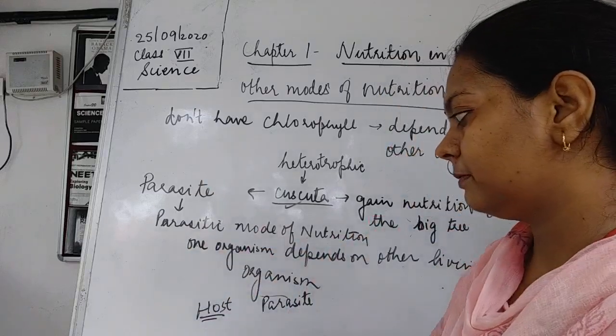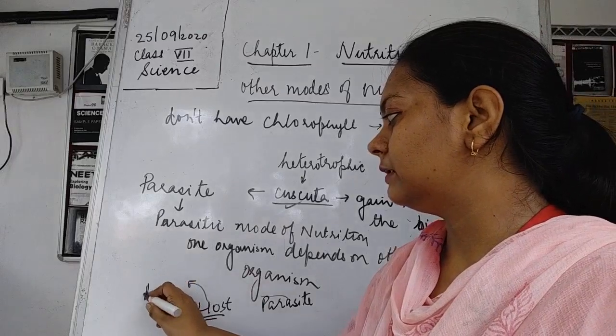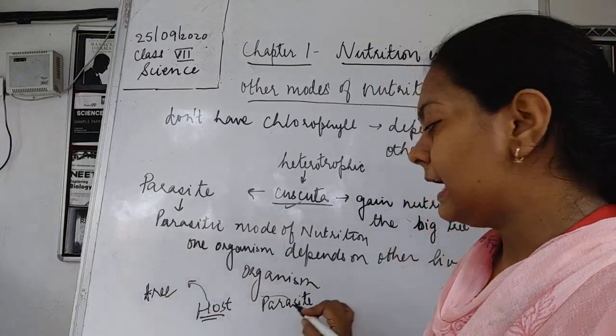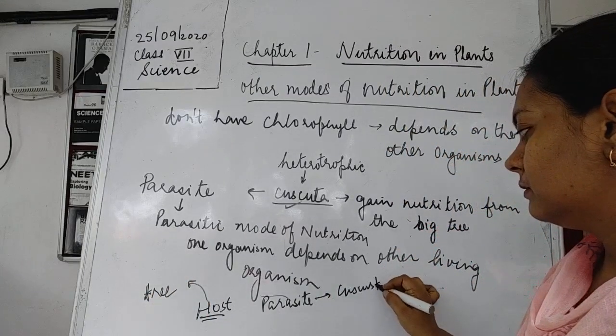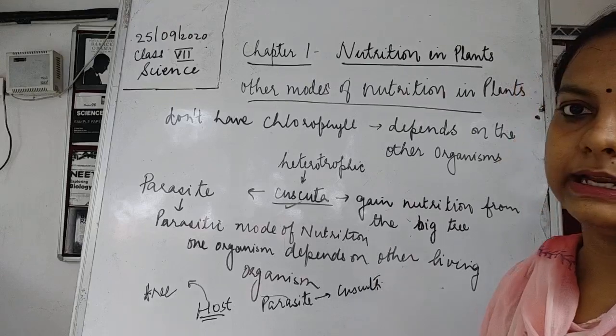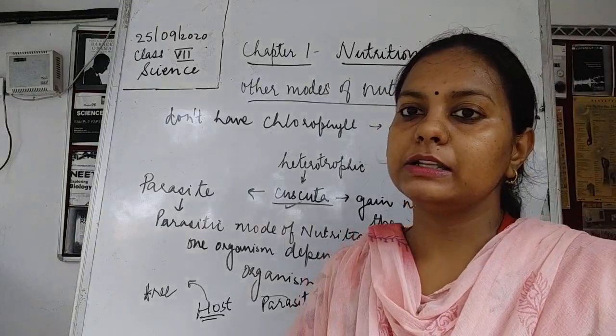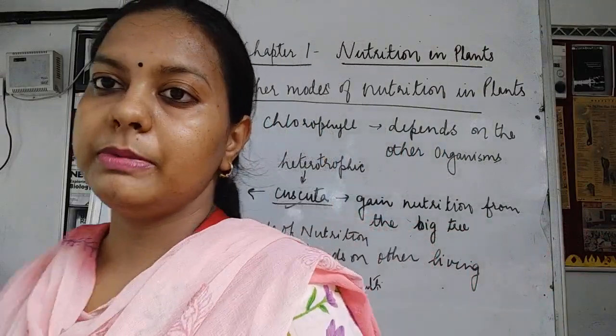Both of them are living. This big tree is a host, and cascata is a parasite. This parasite is going to grow and eat up the things from the big tree.